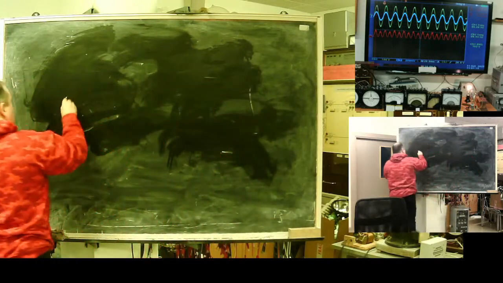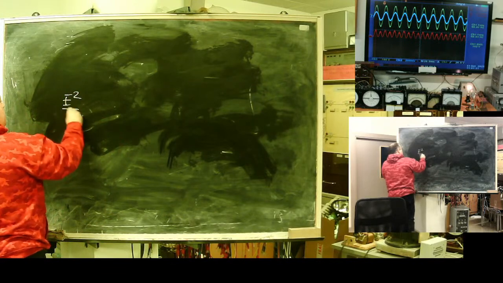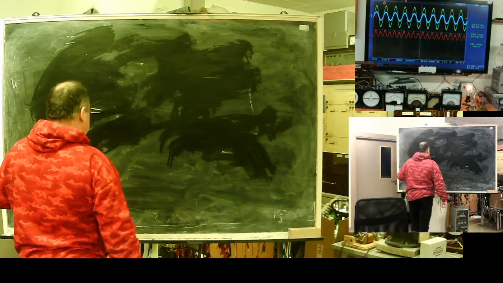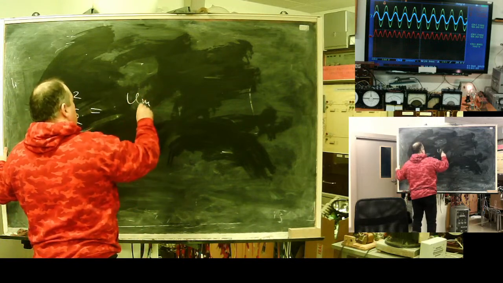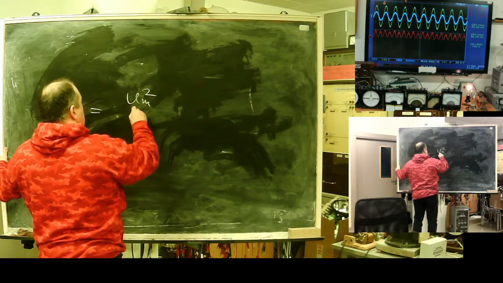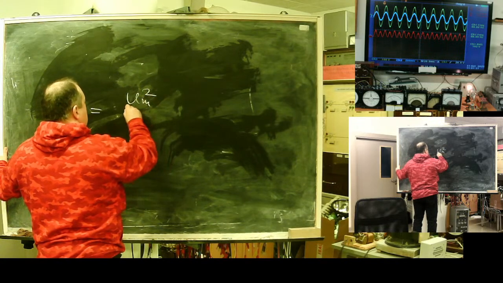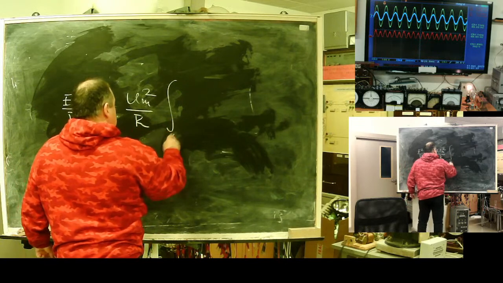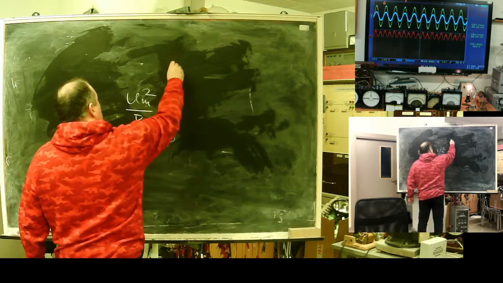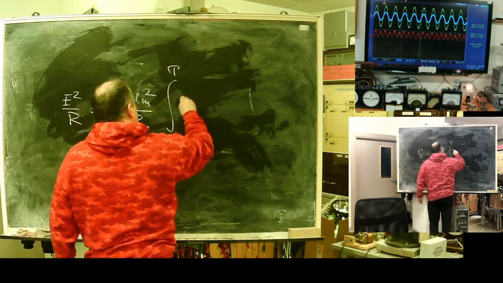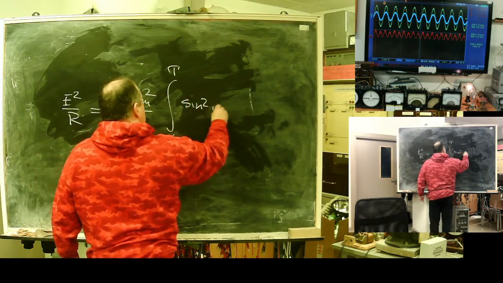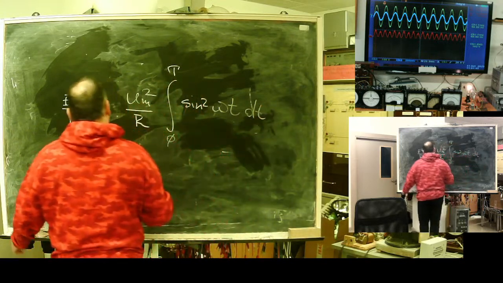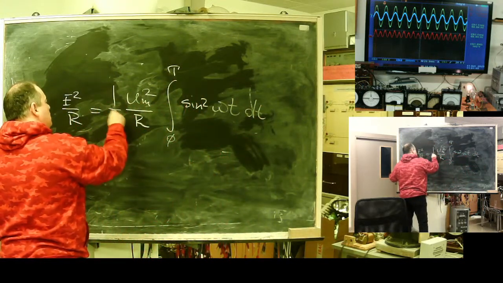Meaning what? E squared divided by R equals the maximal value squared divided by R, integrating from 0 to the period of sine squared omega t, and also we need an average.